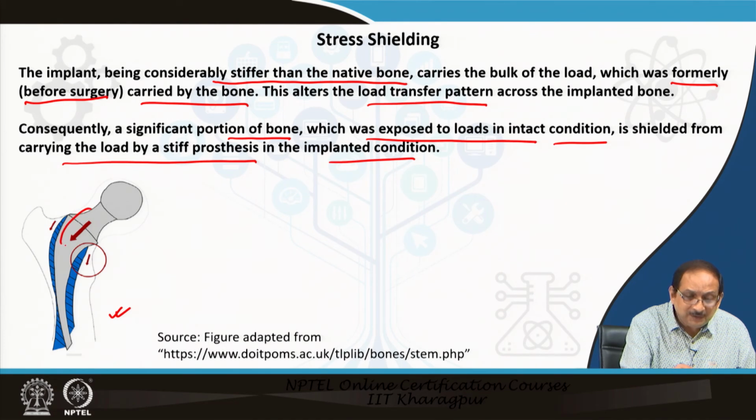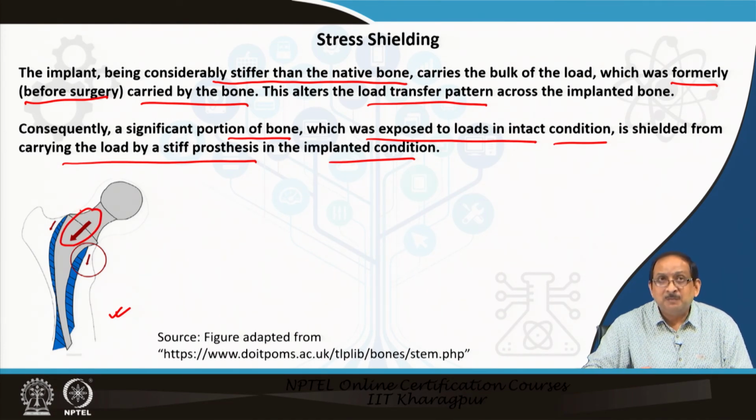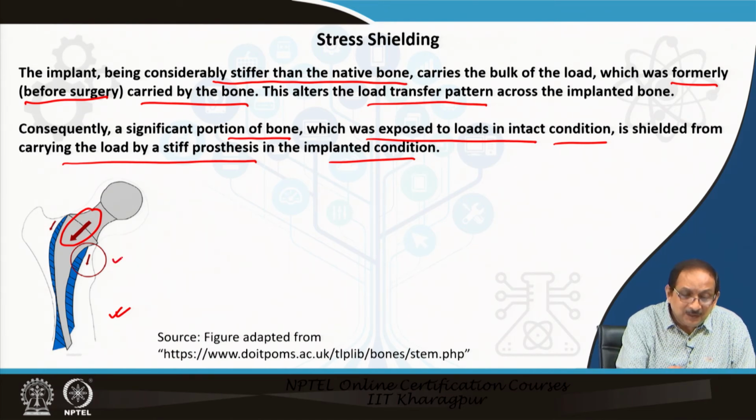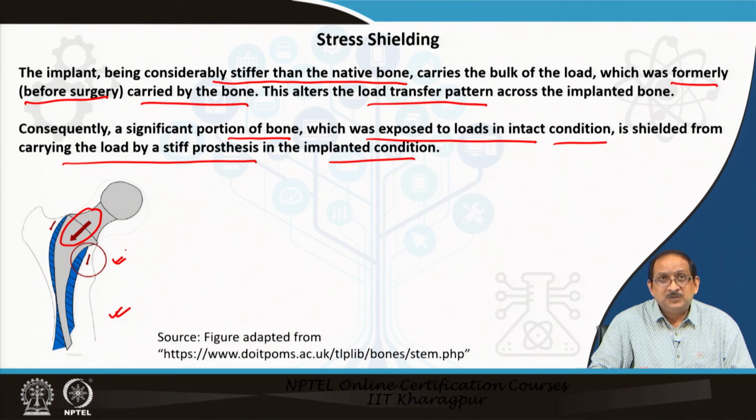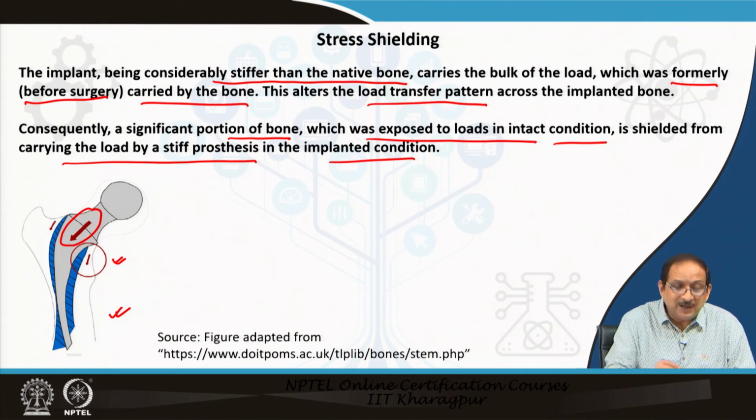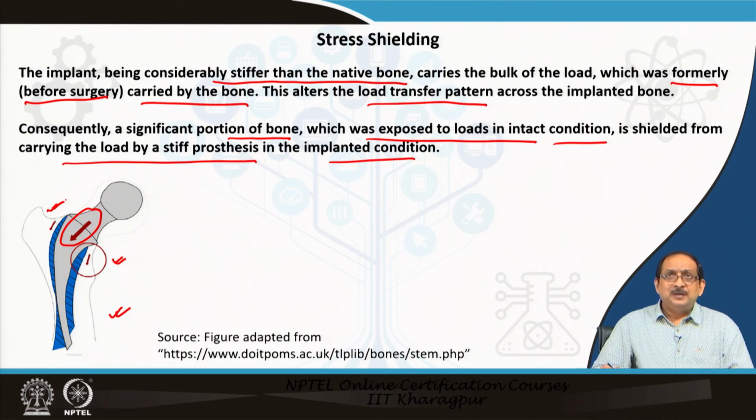The implant is actually carrying the bulk of the load indicated by a thick large arrow, whereas the underlying bone below the surface of the implant and near to the surface of the implant on both sides actually carries significantly less load as compared to the natural situation.